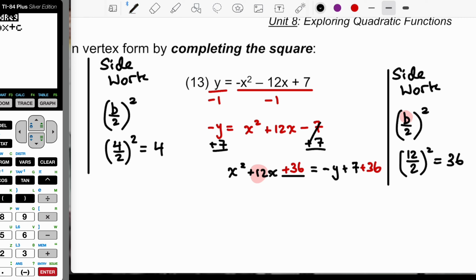Factor the trinomial on the left. So x plus 6 squared. Because remember, again, square root of the first term, square root of the last term, carry down the sign of the middle term. Then I have negative y plus 43.